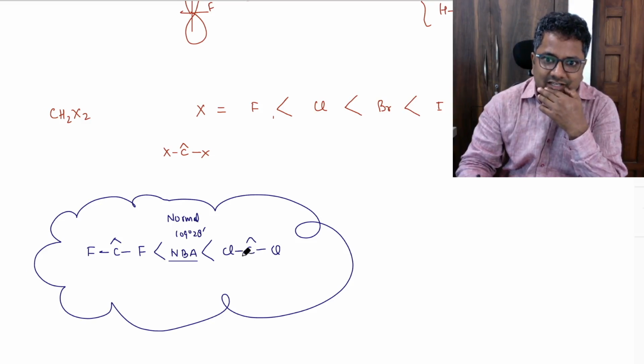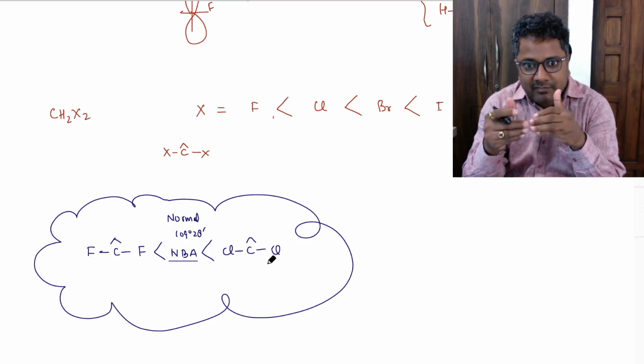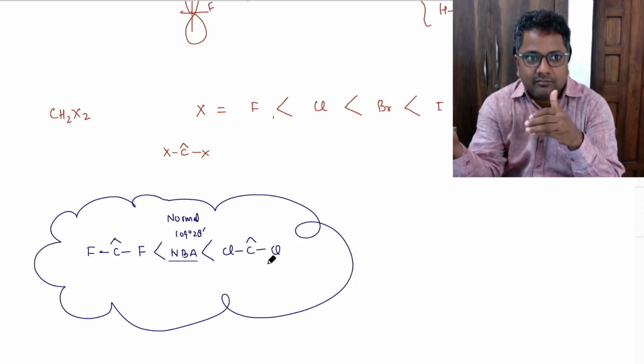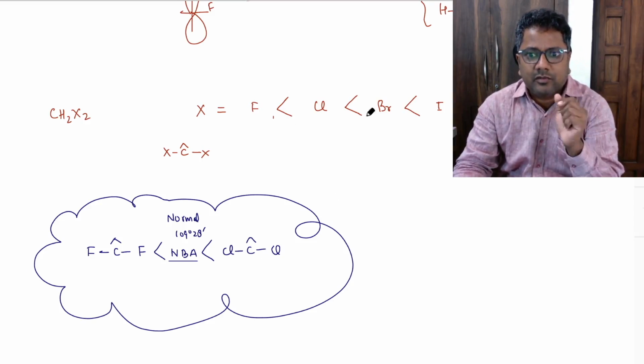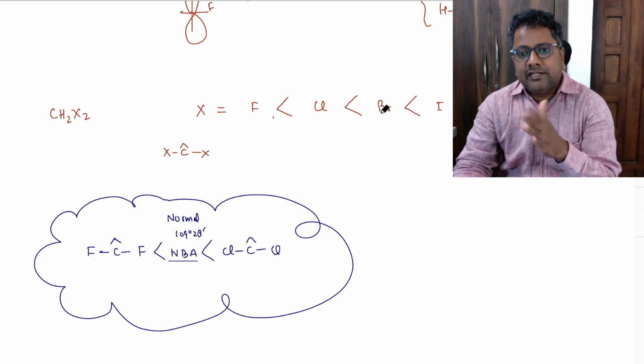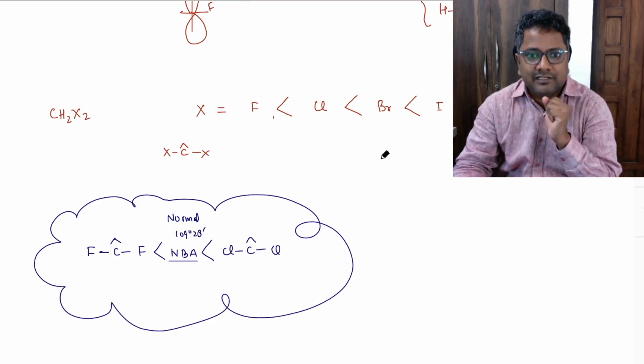But this ClCCl bond angle is greater than normal. Okay, that is greater, but greater than fluorine as well, no problem. And for bromine, it is greater than this chlorine and than this, right?